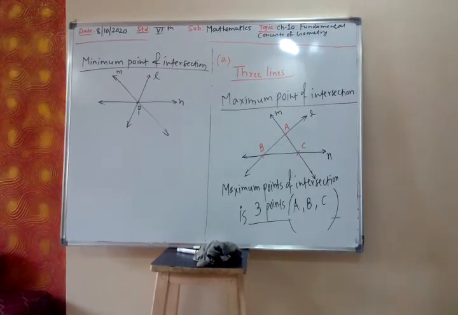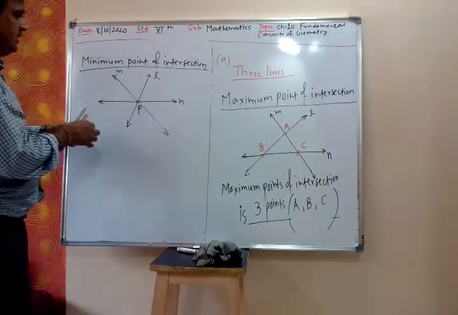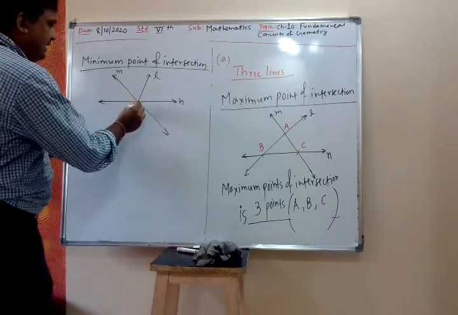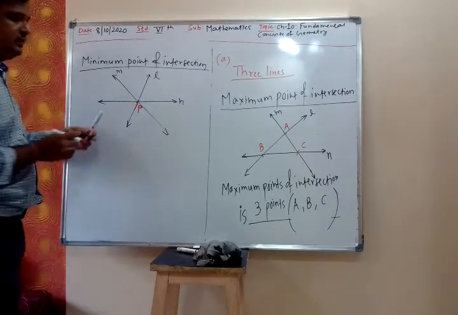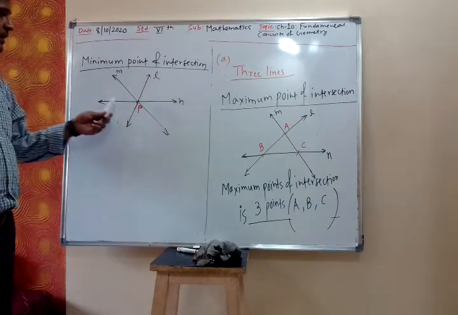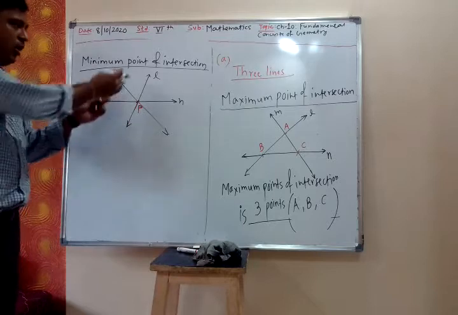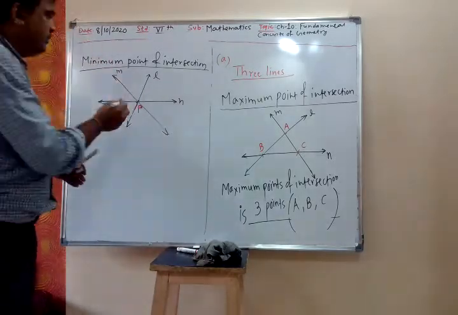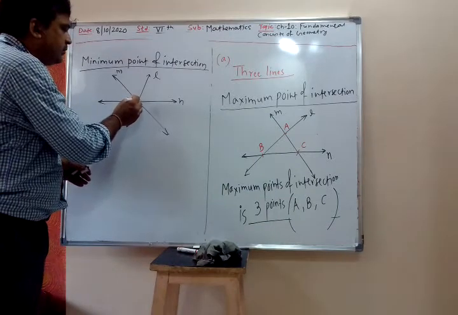Is it clear? When 3 lines intersect, we have the line L, line M, and line N. All the 3 lines intersect each other at one common point P.